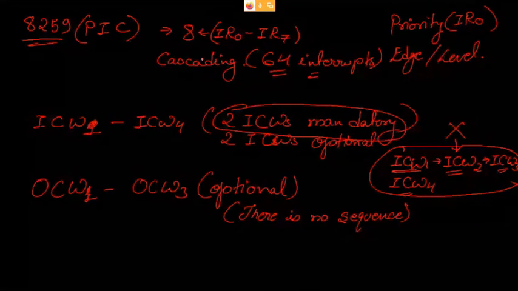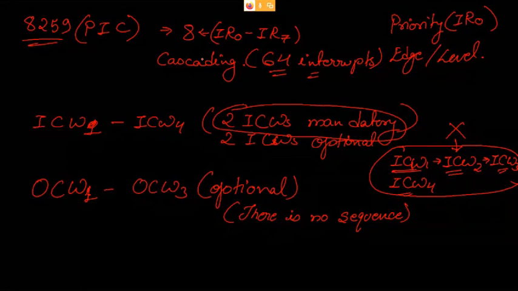The rest of the 8259s will be connected with the master 8259. We can draw that after this slide. Remember, these particular scenarios are configured in the ICWs and OCWs. Then only we start working with 8259.